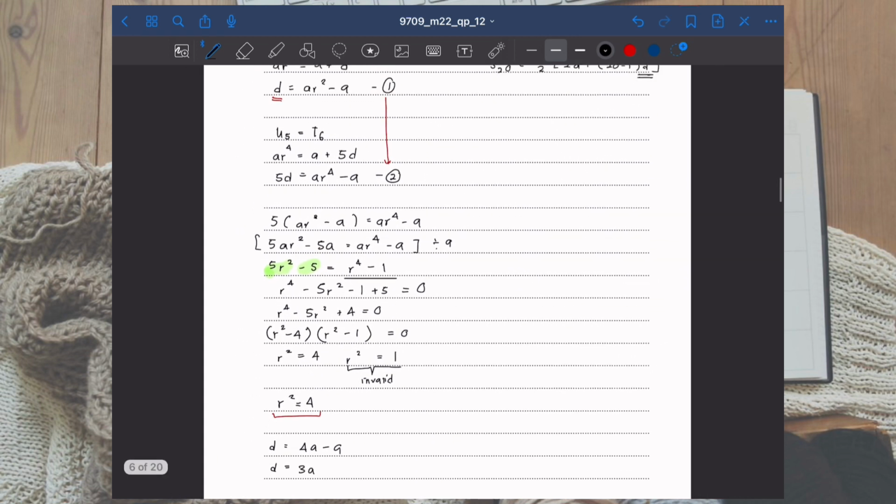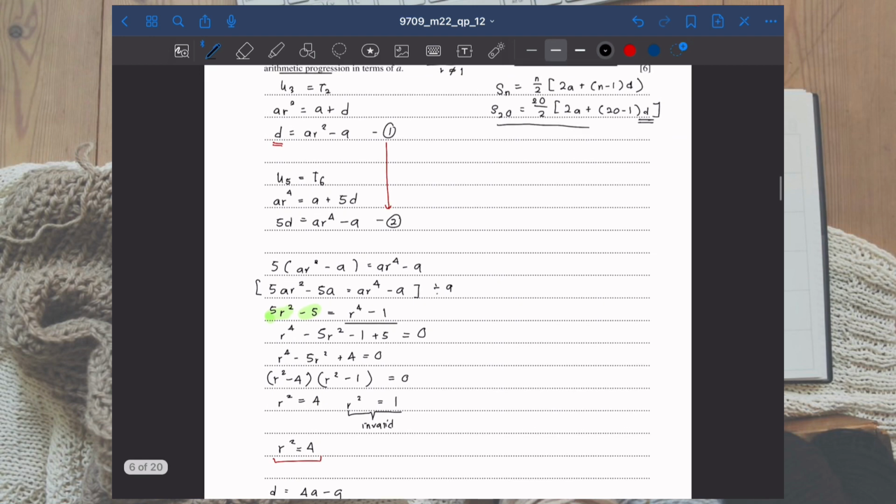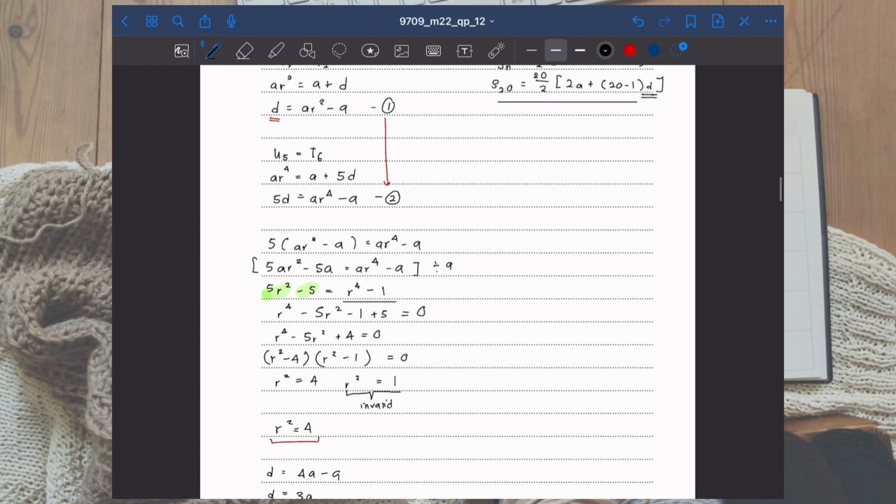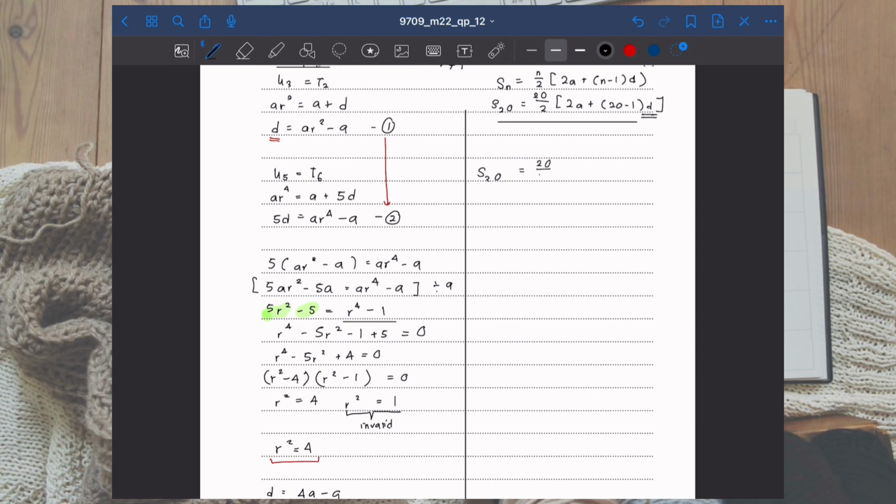So now you can substitute this difference back into our equation for the sum of the first 20 terms. So the sum of the first 20 terms will be 20 over 2 times 2a plus 19 times 3a.